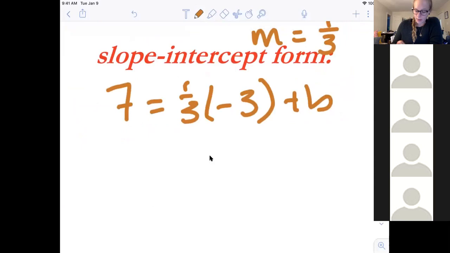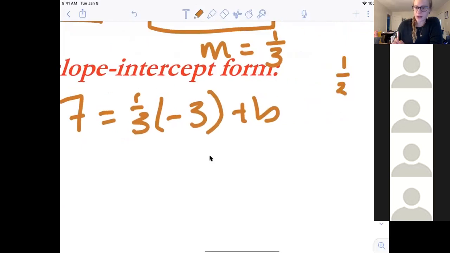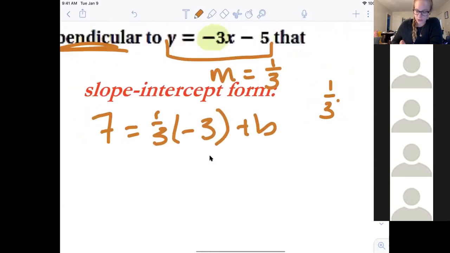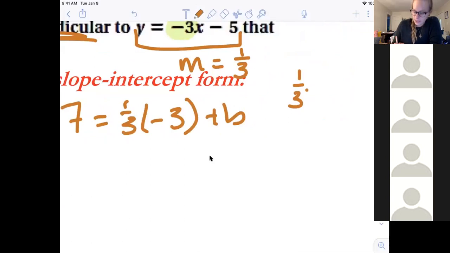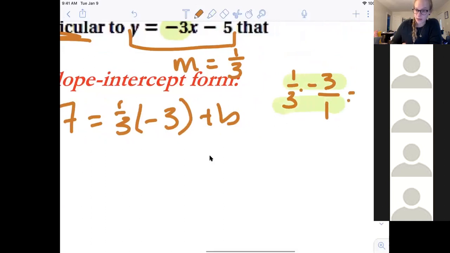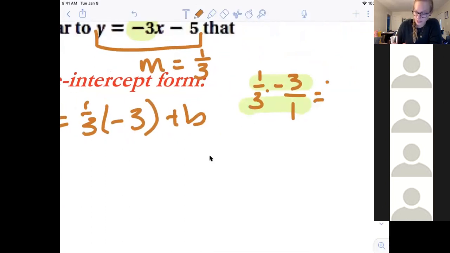Now, some of you might have been quiet because you're like, oh, I don't really want to do fraction multiplication on this dreary Tuesday morning. Well, 1/3 times -3 is the same thing as multiplying by -3/1. You can do this two ways. You can multiply the numerator and then multiply the denominator. So 1 times -3 is -3, 3 times 1 is 3, and you know that -3 divided by 3 is -1.